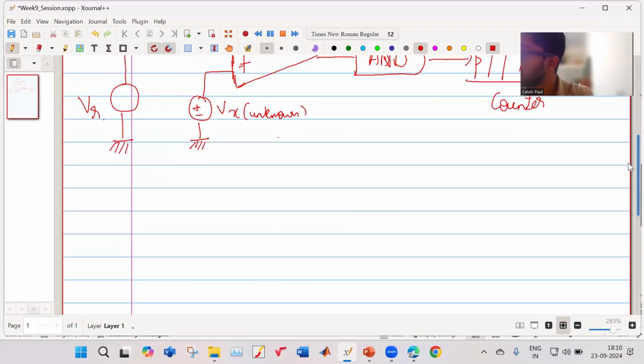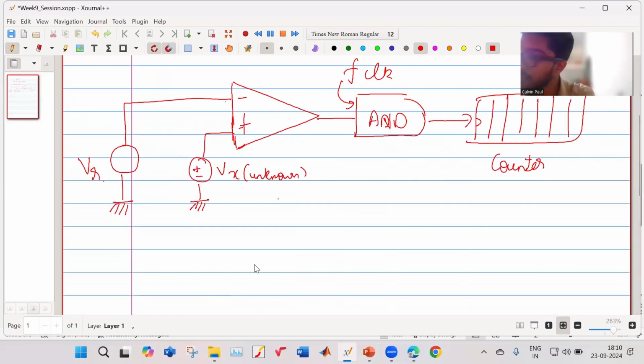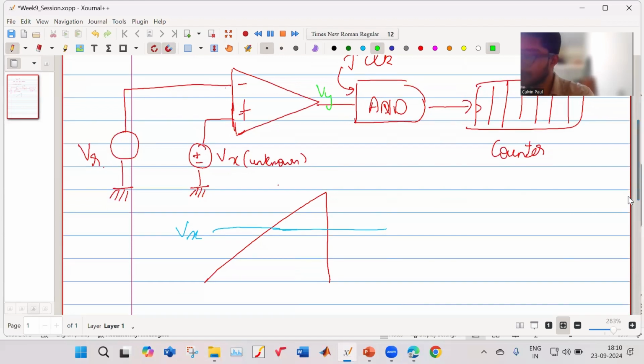What we must do is, this VR will be a kind of ramp. It will go to some maximum value and it will come back. Now we have Vx. This is my Vx. What is this Vy? How will the Vy curve look like?